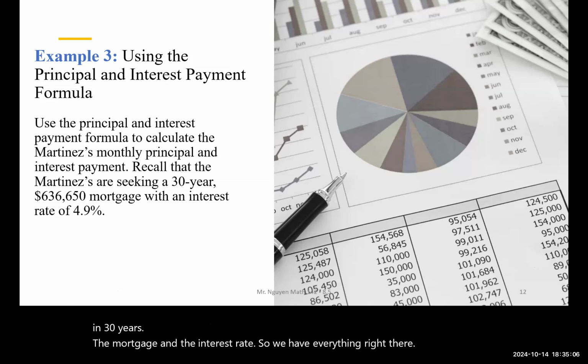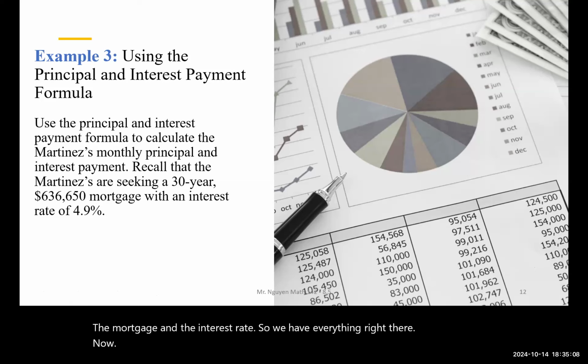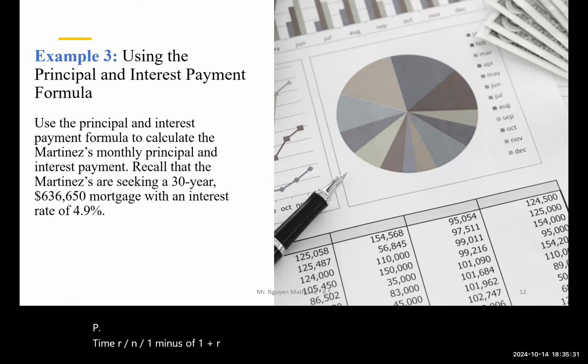Now we just put it in the formula. The formula is M equal P times R over N, over 1 minus 1 plus R over N, that group raised to the minus NT.